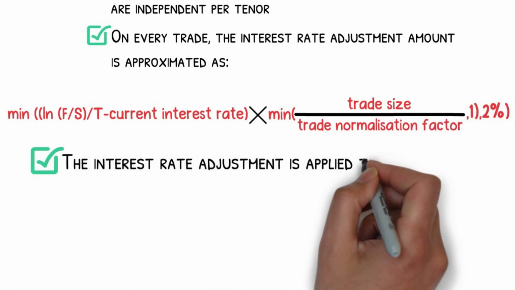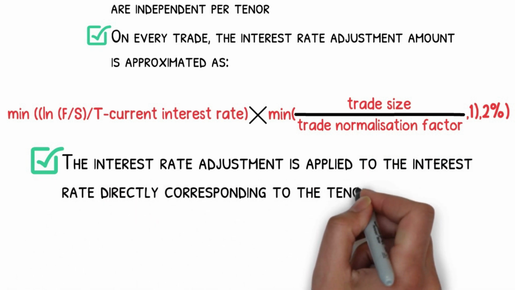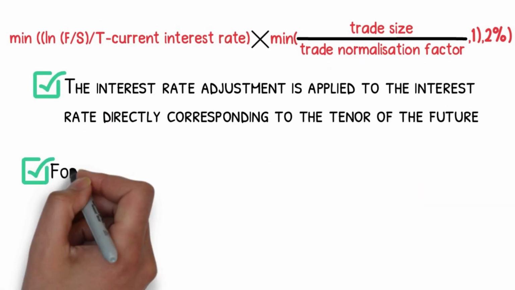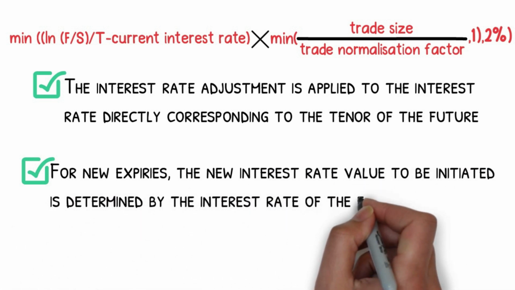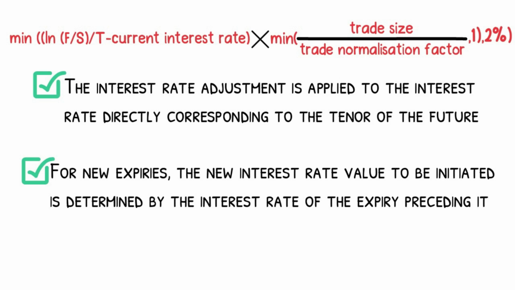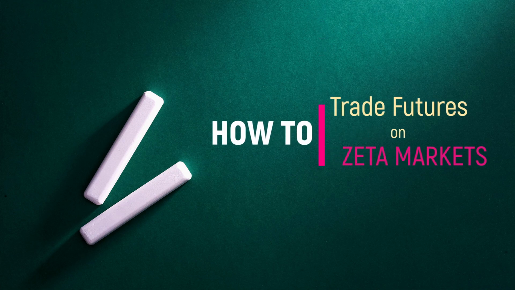The interest rate adjustment is applied to the interest rate directly corresponding to the tenor of the future. For new expiries, the new interest rate value to be initiated is determined by the interest rate of the expiry preceding it. Let's go over how to trade futures on ZETA Markets.